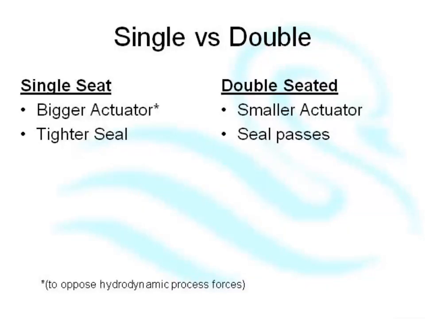So, rules we have are general sort of rules. Single-seated valves, you need a bigger actuator to oppose what we call the hydrodynamic forces. Basically, hydrodynamic forces means the pump. So you need to have a bigger actuator, but it seals really, really tight.